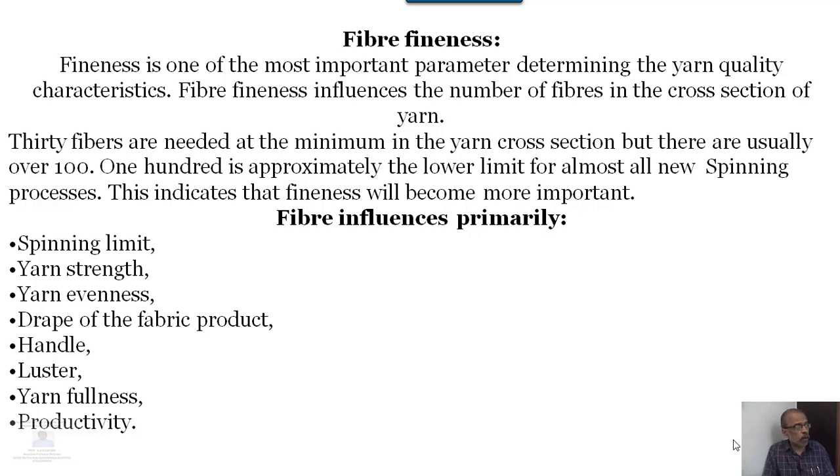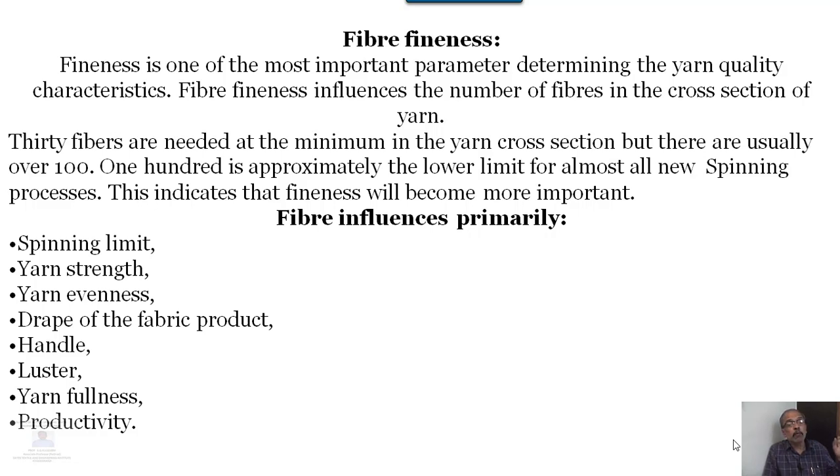Then drape of the fabric. Drape is how smoothly the fabric suspends itself, that is the drapeability of the material. Handle: when we touch the fabric and feel it, what kind of handle it gives, what luster it gives.